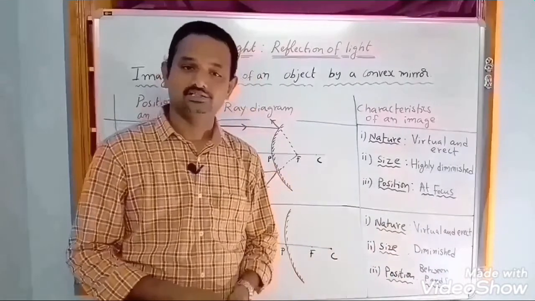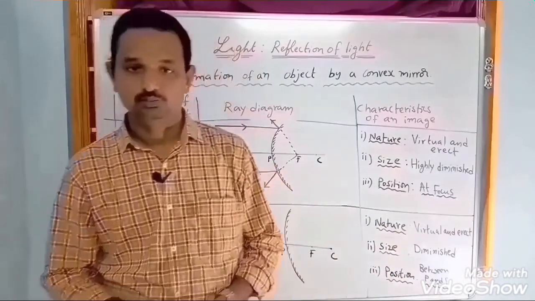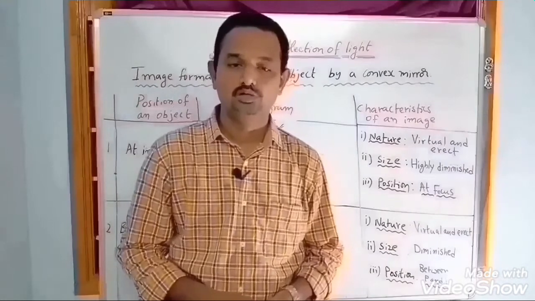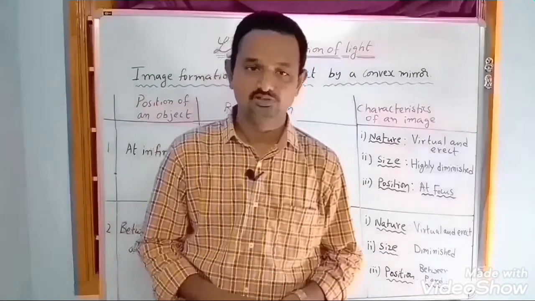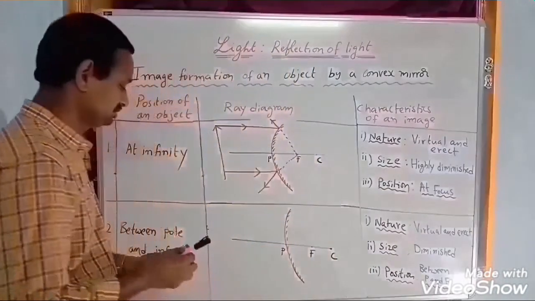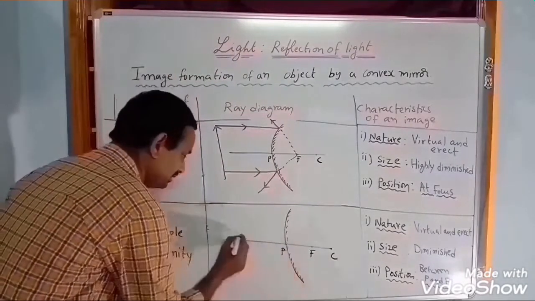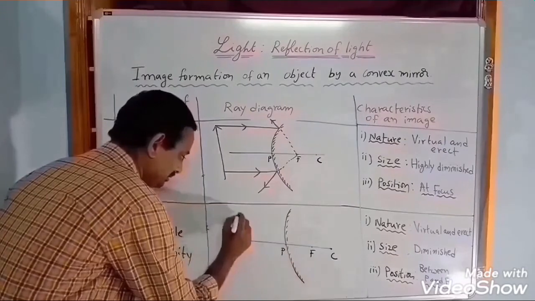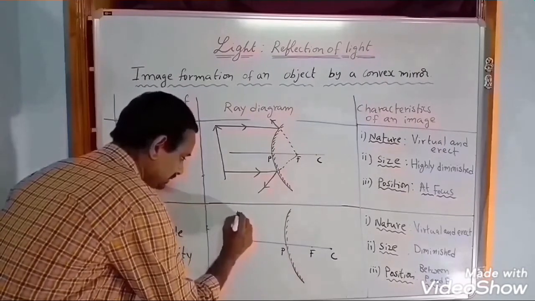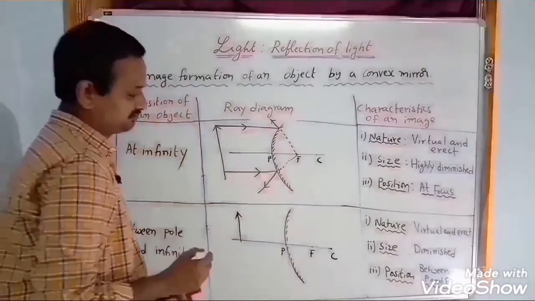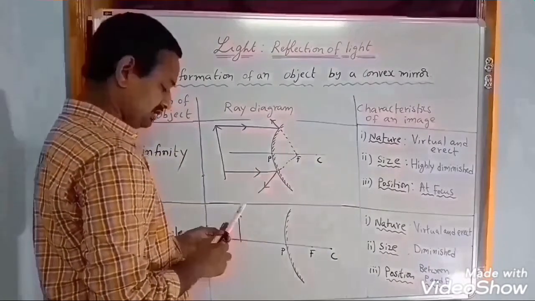And second case, if we take the object between infinity and pole, where is the image formed? Look here. Now I took the object between infinity and pole. So where is the image formed?